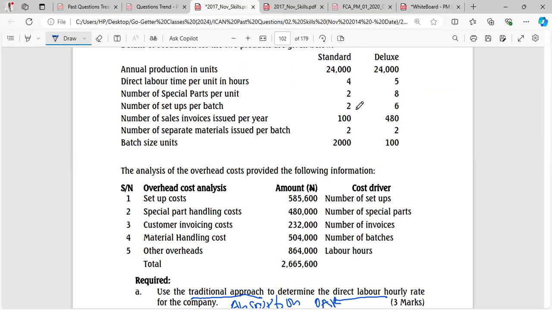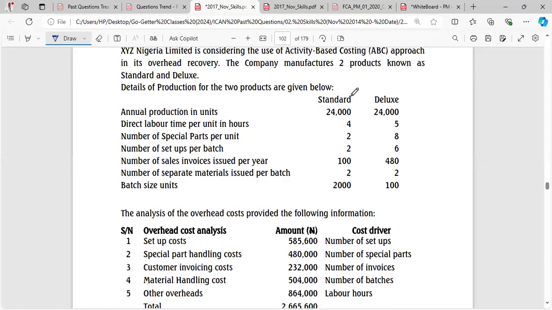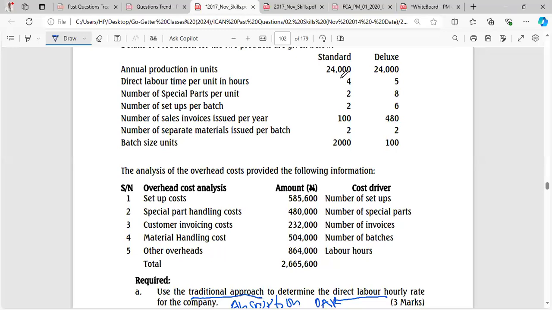We calculated it before, but we can do it again. This is 4 hours in 1 unit, and this is 5 hours for 1 unit.